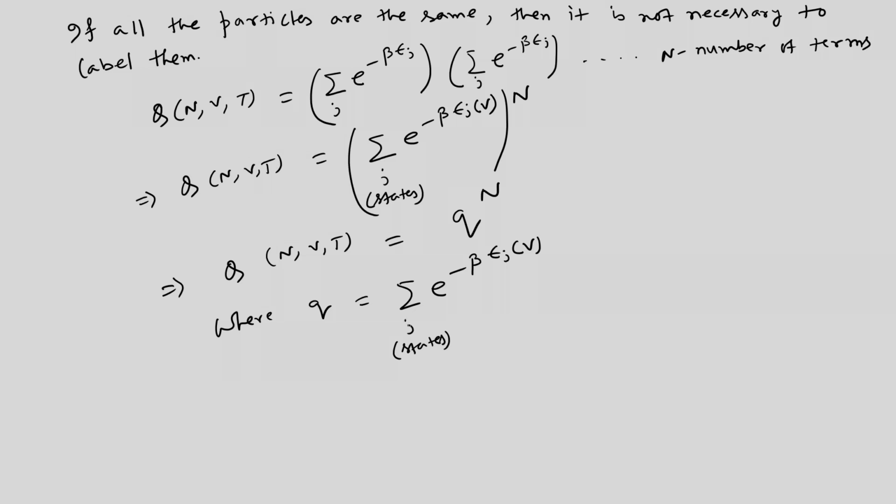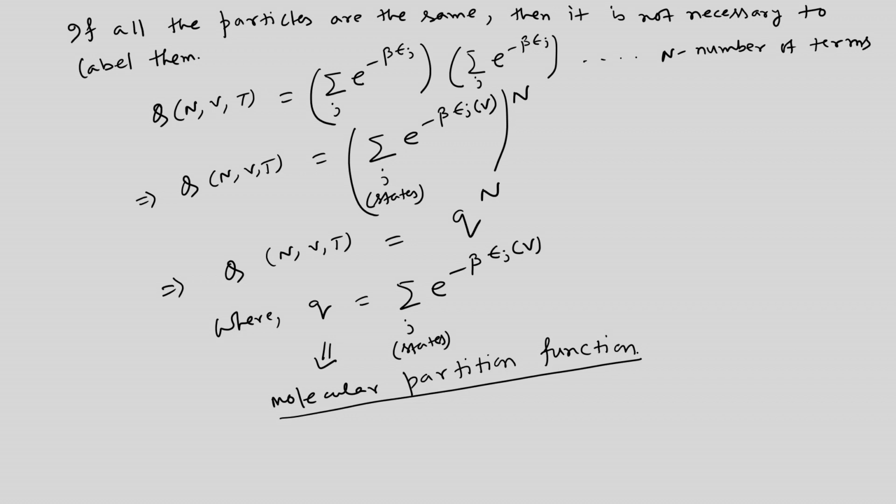So, here we define another quantity, small q, which is nothing but the sum over j e to the minus beta epsilon j, and this q is known as the molecular partition function, or partition function of a single molecule. Remember, here we considered particles are distinguishable.